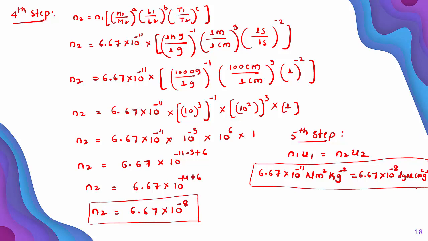To check the correctness of the equation, the second one, to derive relation between different physical quantities, and the third application is conversion of one system into another system. We solved all the examples related to the 3 applications of dimensional analysis. So this part is very important in this chapter. You will get one numerical problem from these 3 applications in your board examination.